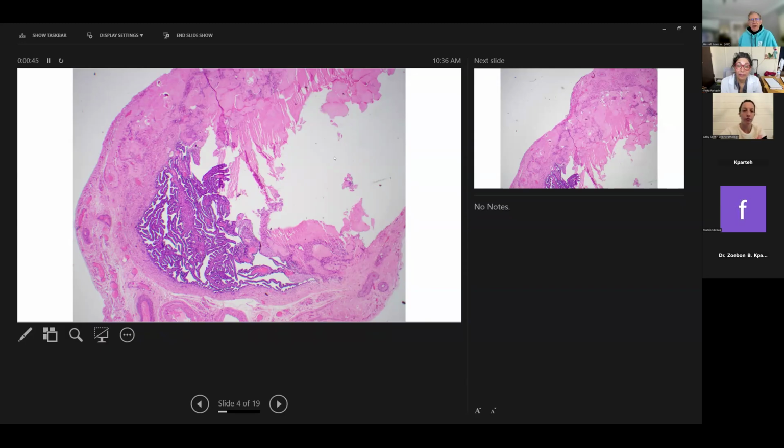And so the surgeon dutifully snipped the tubes and sent us a resection of both tubes. And in one of the tubes, we had this partially disrupted appearance, which you see here, where you've got a lot of pink tissue over here on the side. Let's go to the next slide.